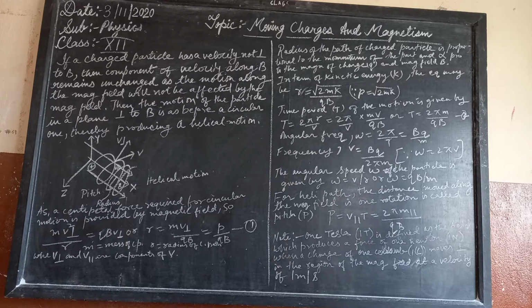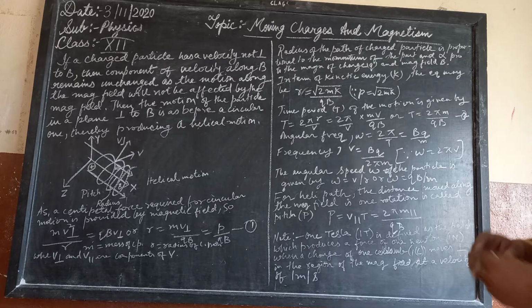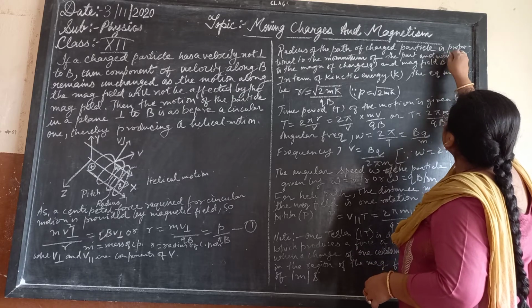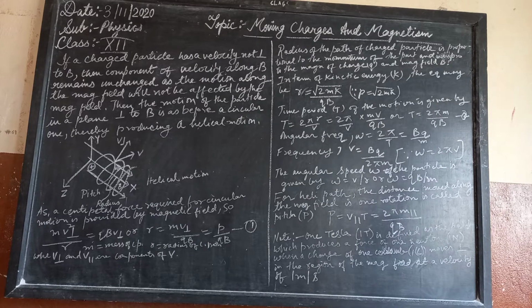So this is how this particular topic is told to you. In this field, the radius of the path of the charged particle is proportional to the momentum of the particle and inversely proportional to the charge and the magnetic field B itself.